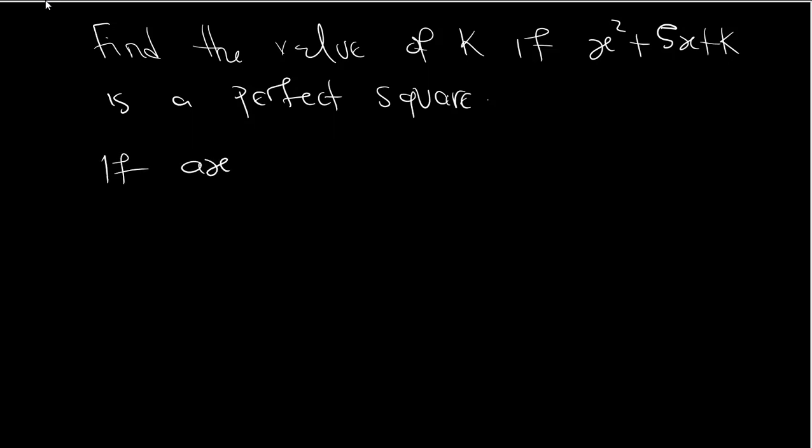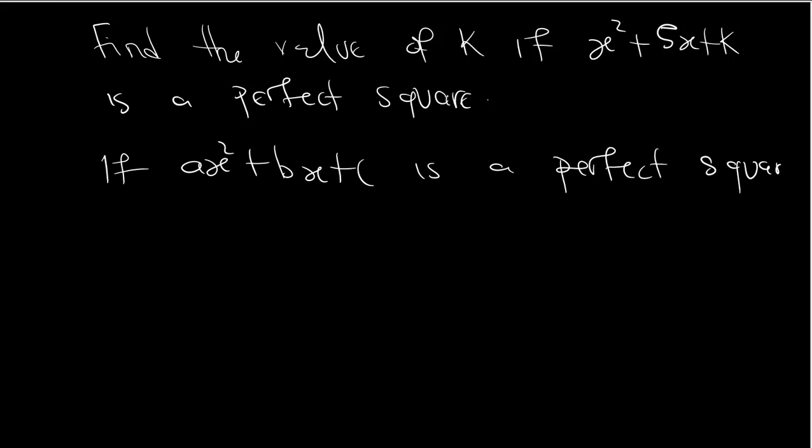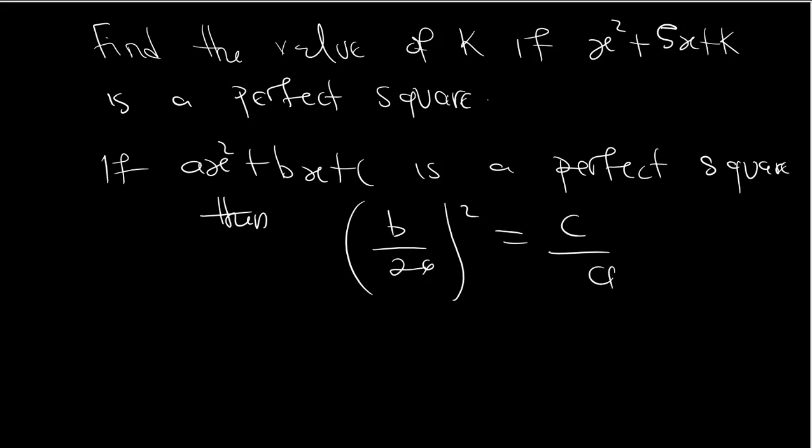if ax squared plus bx plus c is a perfect square, then (b over 2a) squared is supposed to be equal to c over a.